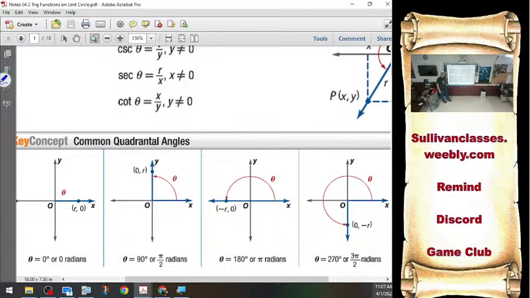0 degrees. I want you to think about this as a triangle. I'm going to do this just so we can wrap our head around it. If this is at 0 degrees, the radius is here. What's the opposite going to be if it's a 0 degree angle? 0, right?